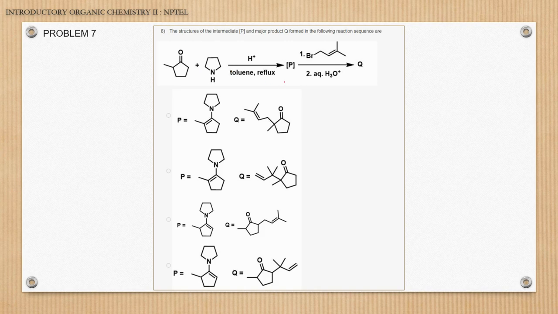Can anyone tell me which is the correct option for P among these four? This is on the similar line which I have explained previously. The formation of imine takes place, right? Then what will happen?